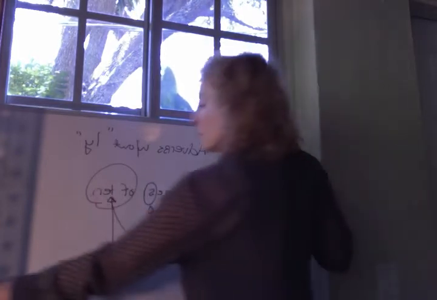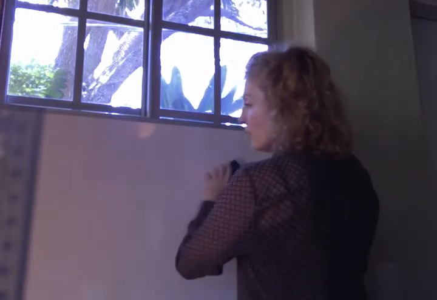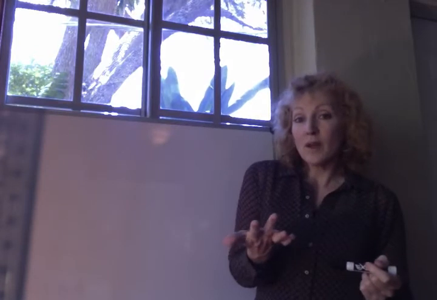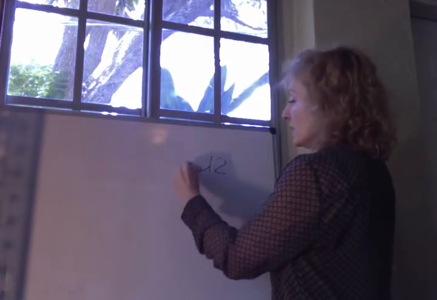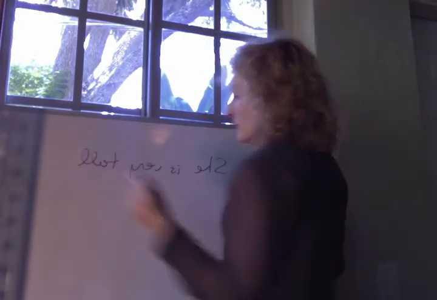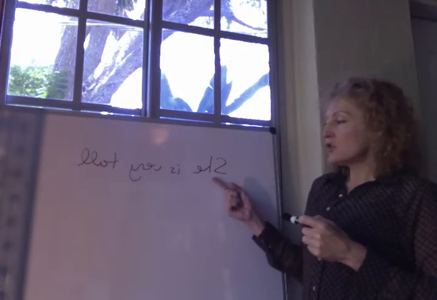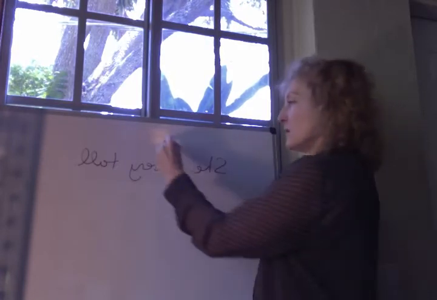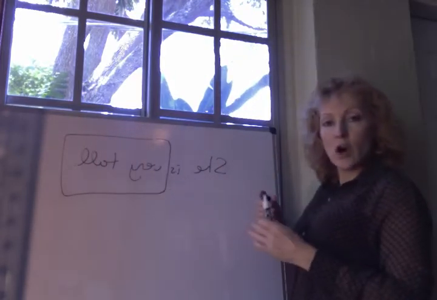So for example, in the examples we've looked at of adverbs, we have adverbs modifying verbs, but you can have an adverb modifying an adjective. So you can say, she is very tall. She is very tall. What is she being described as? She is being described as having the property of being very tall.